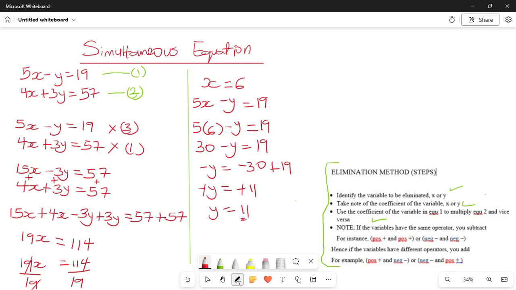Here is a quick way to cross-check if your answer is correct. You can make use of any of the two equations. Let's make use of equation 1, which is 5x minus y equals 19. You substitute the values of x and y. So it is 5 times 6, remember our x is 6, minus y, which is 11.